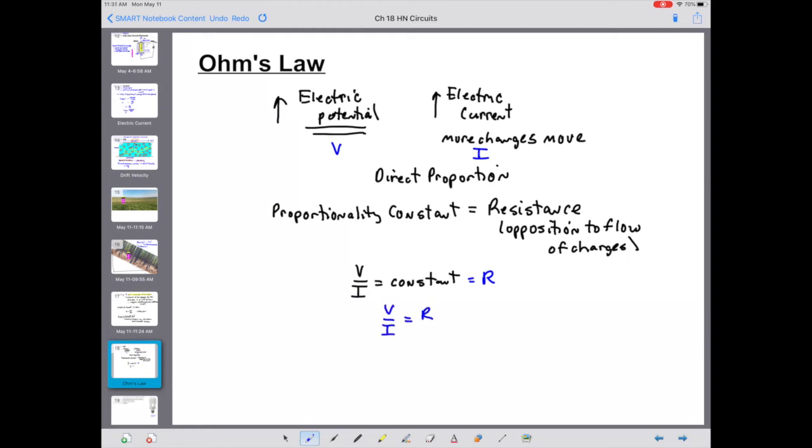So we have the equation V over I is equal to R. Oftentimes we will multiply the I to the other side and write V equals I times R. And this is your Ohm's law equation that brings the different quantities we've been talking about together. Now, your unit of resistance is an ohm, which has a Greek letter omega.